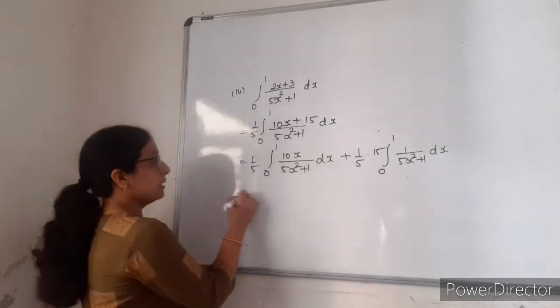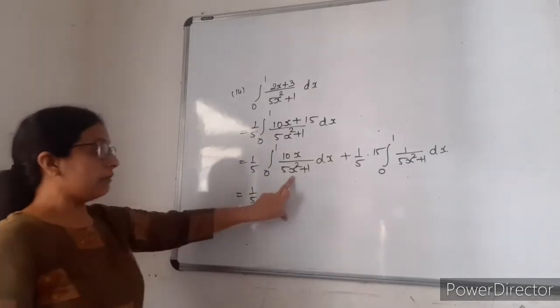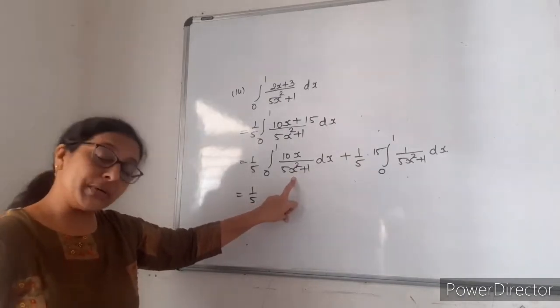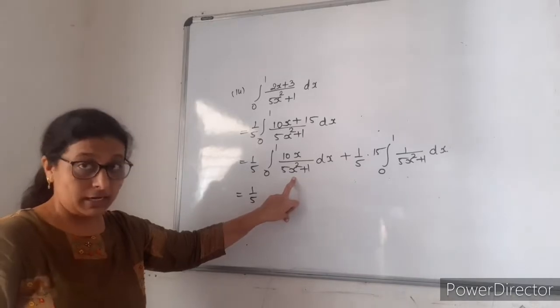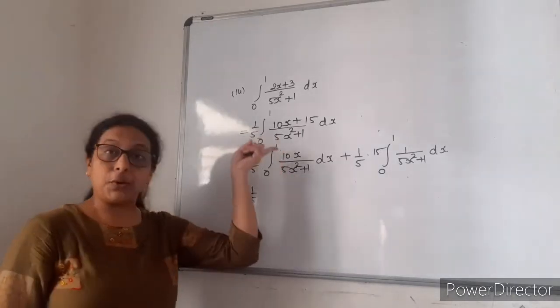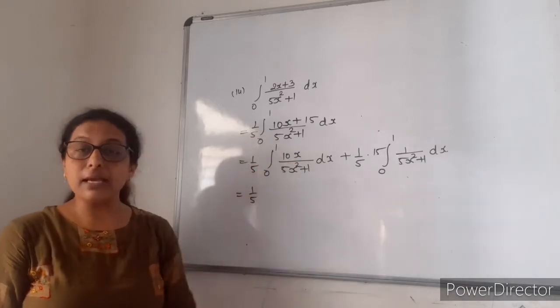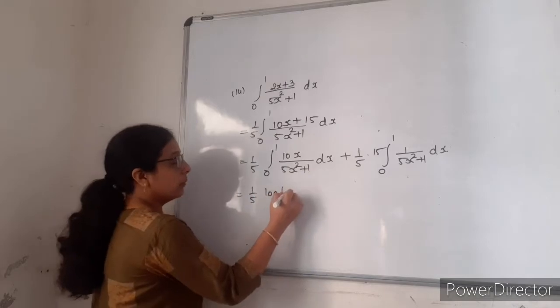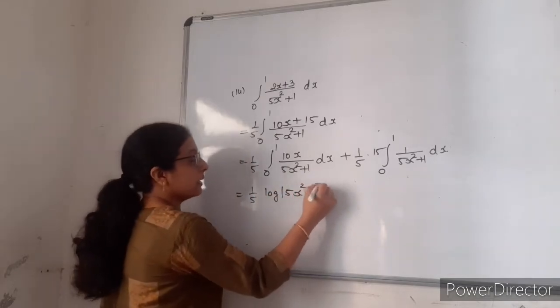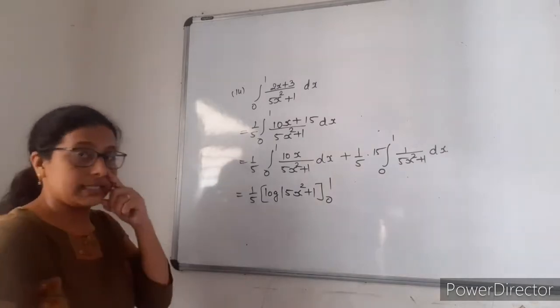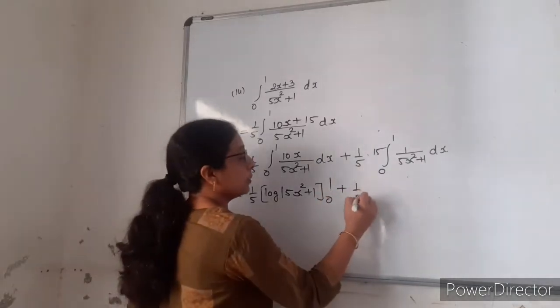Now you know that whenever the derivative is on top, the integral is of the form 1 upon t, so we can write directly log mod. That is the direct answer, log mod 5x square plus 1, from 0 to 1. We can write this directly, right? Yes. Plus 1 upon 5.